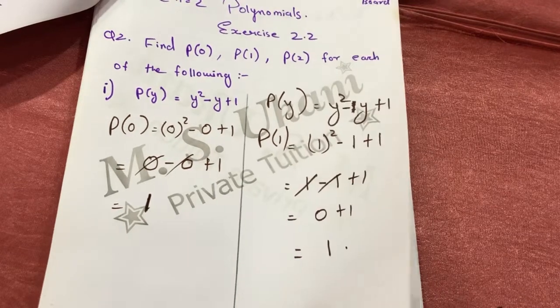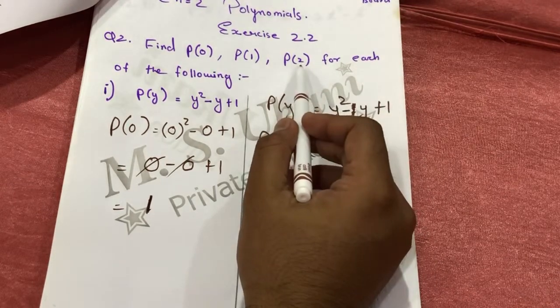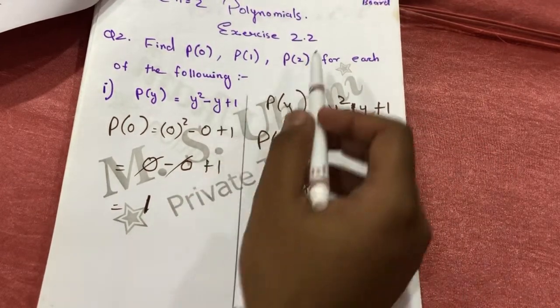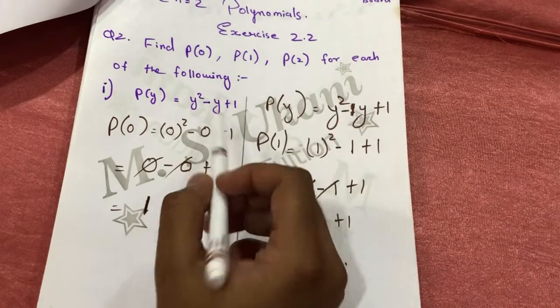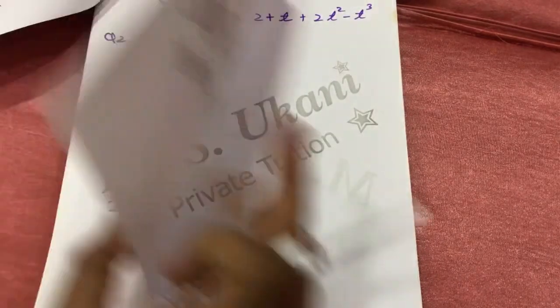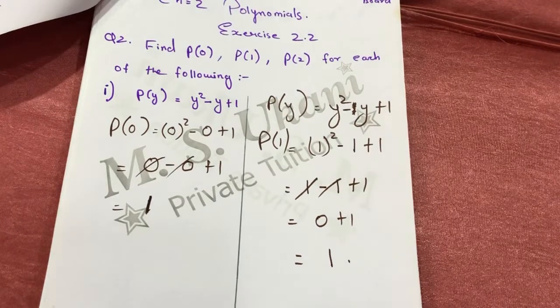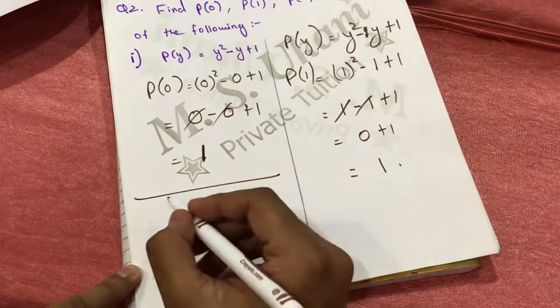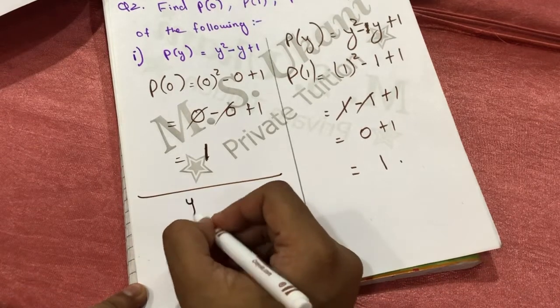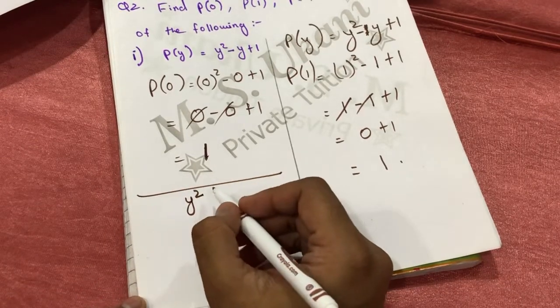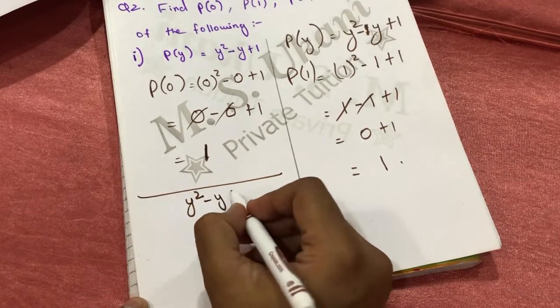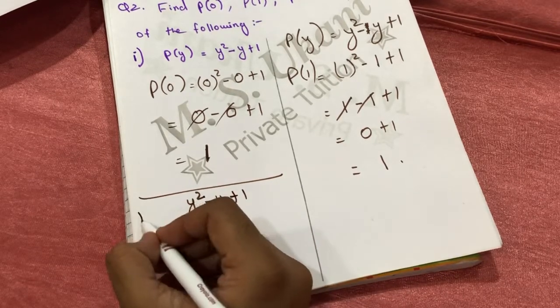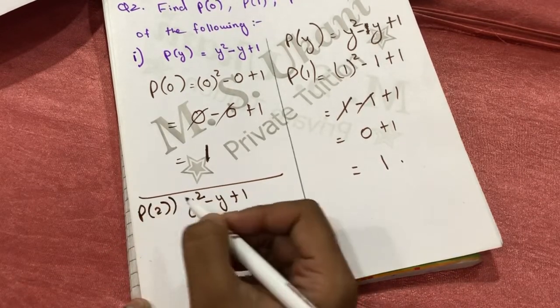Let us move to the third one, that is 2. Now we will put the same 2 in this equation. Let us do the sum. First of all we will write the same equation, y square minus y plus 1. Now we are putting the value 2.